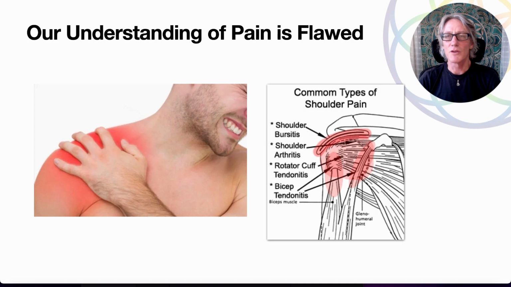It doesn't give you any information. There's no course forward with that information. Or bicep tendonitis. And these diagnoses are just assuming that there is a problem in the local structures there, and no one is ever actually confirming that with anything.